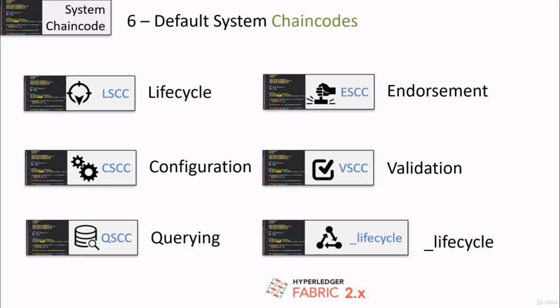The difference is that the chain code lifecycle was managed by the system chain code lifecycle in version 1.x, whereas in version 2.x, the chain code lifecycle is managed by the system chain code underscore lifecycle. You will learn the details about these system chain codes in later lectures.